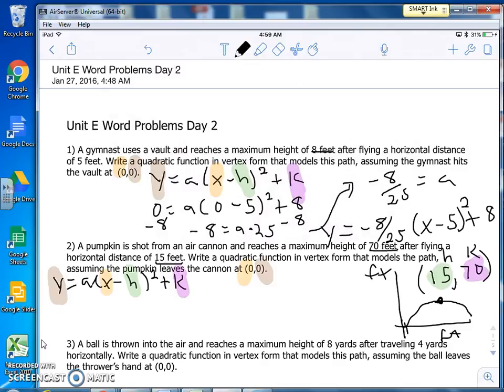Let's plug in. 0 equals a times x is 0 minus 15 squared plus 70. And I'm going to subtract 70 from both sides. I'm still going to run out of room, aren't I?